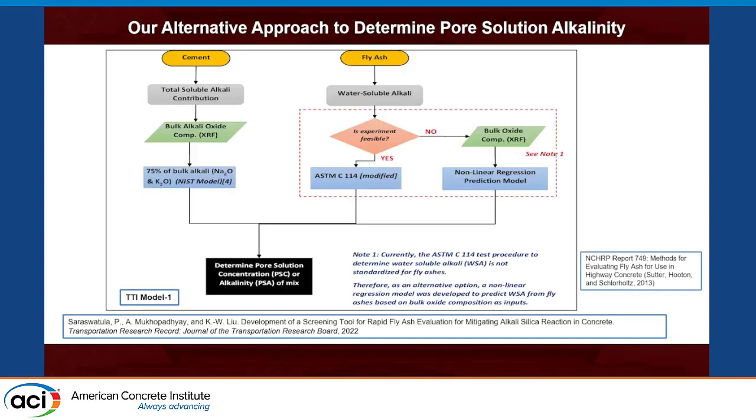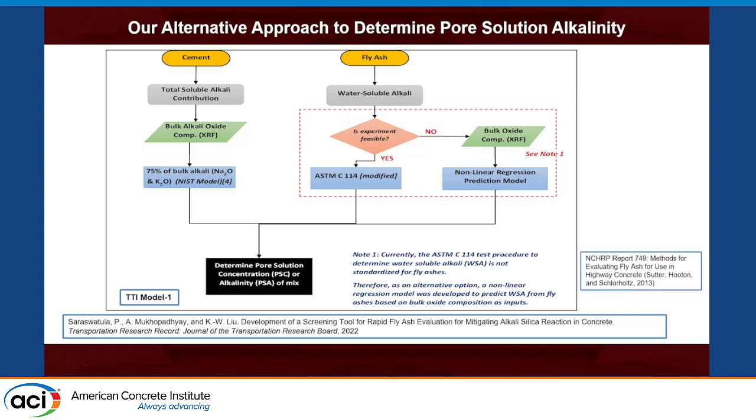What about the water-soluble, readily available alkali from the SCM that we use? Cement contributes 75% of the bulk alkali into pore solution. For the fly ash, we use water-soluble alkali. We used a good data set and also developed a nonlinear regression model, which works pretty well for conventional ash, but we cannot use that model for the alternative fly ashes.